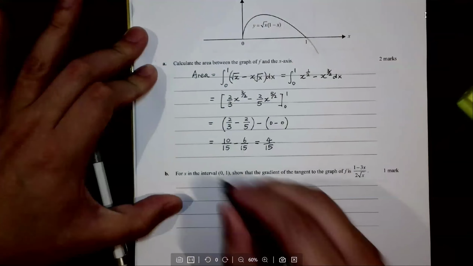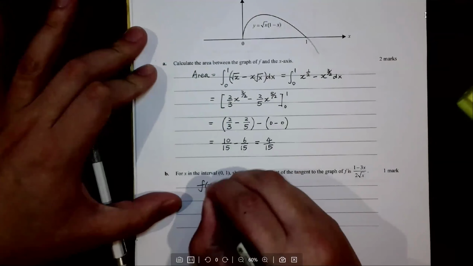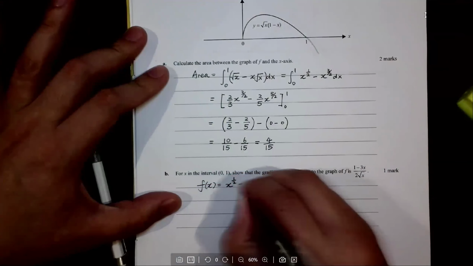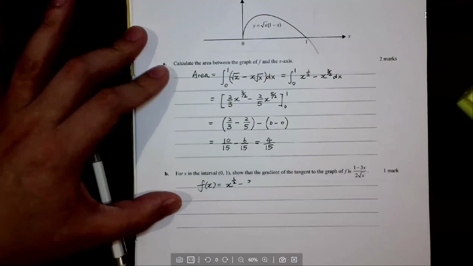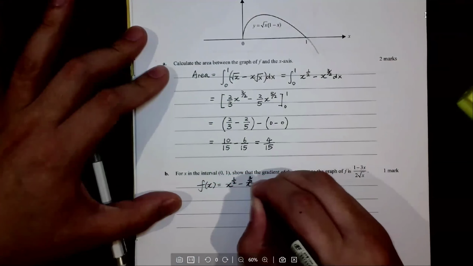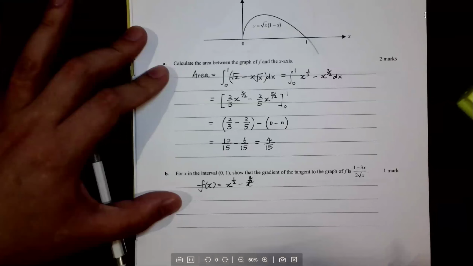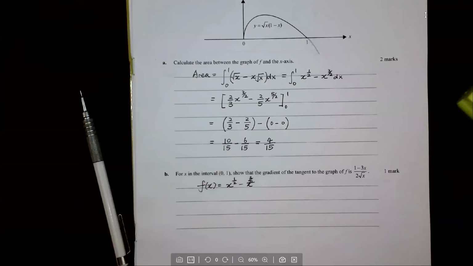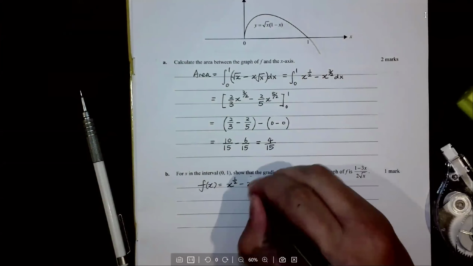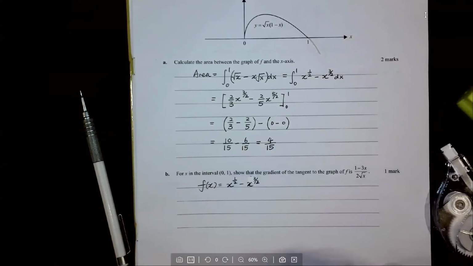So first of all, f of x is x to the power half minus x to the power 3 on 2. Let me write it properly. I shouldn't be using my whiteout. Write that nicely.